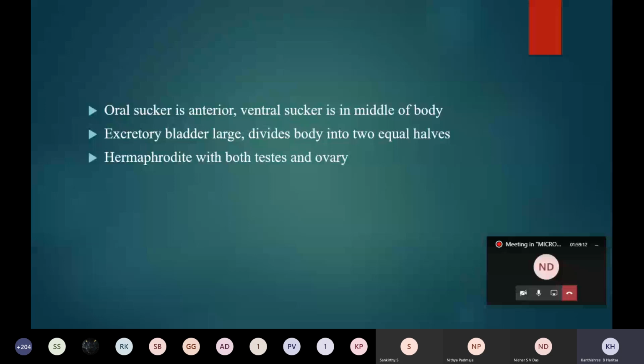Oral sucker is present anteriorly. The ventral sucker is in the middle of the body. The excretory bladder is very large and divides the body into two equal halves. It is a hermaphrodite with both testes and ovary present in the same worm.